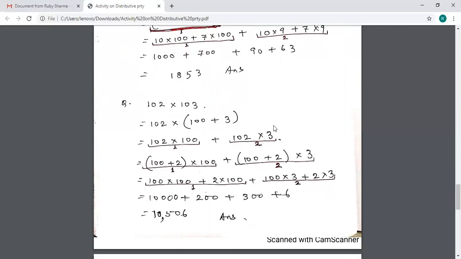Again, this number is similar to this, two numbers are multiplied, isn't it? So similarly I move on to the steps. Finally, I multiply and add up and I get the answer.